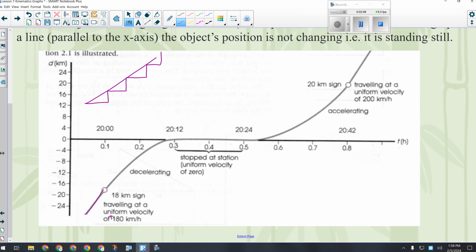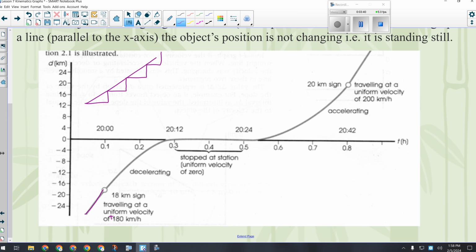So every second, does it go the same amount it went the second before, and the second before that, and the second before that? It does. If you've got a diagonal line on any type of graph, it means that y is changing at a constant rate over x. In this case, it's position and time, so its position in kilometers is changing at a uniform rate per hour. Kilometers per hour. Everyone all right with that idea?